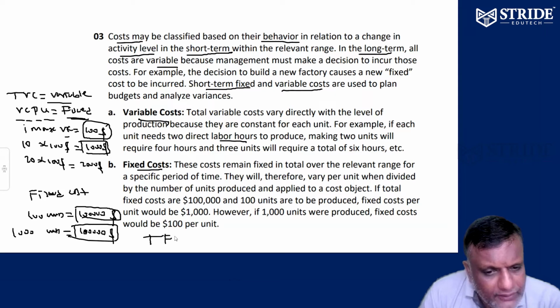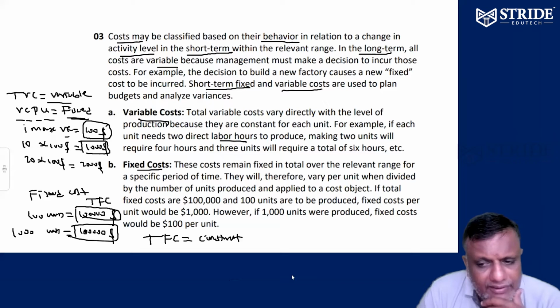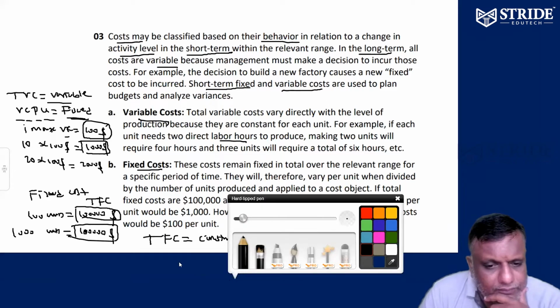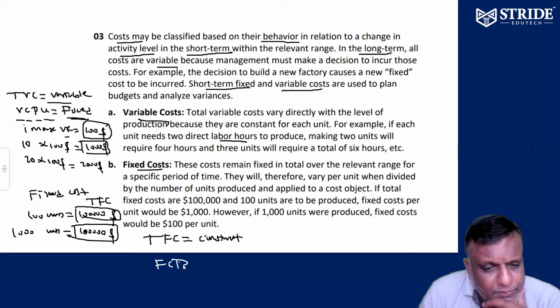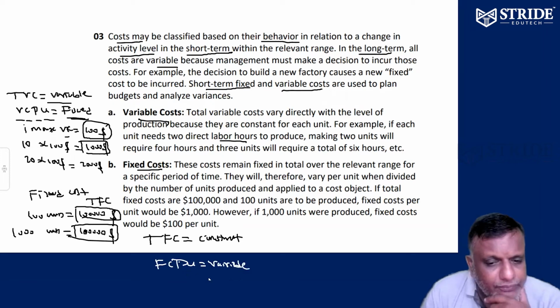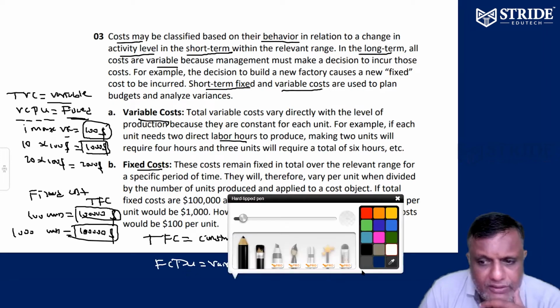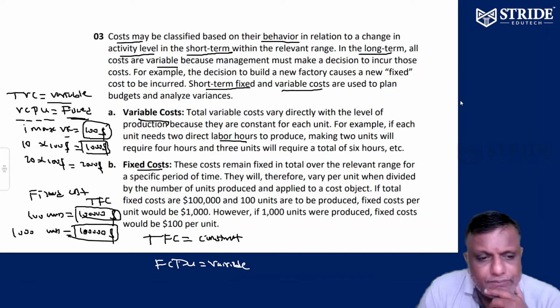Total fixed cost is always constant. But fixed cost per unit is variable. How to differentiate? For example, you are producing 100 units. Fixed cost is $1 lakh.